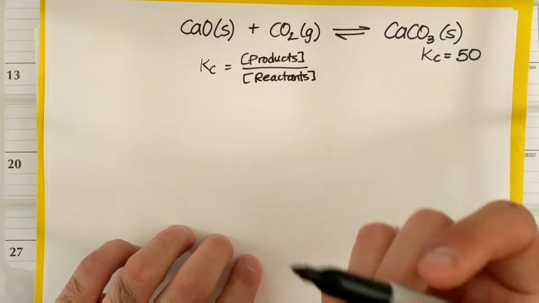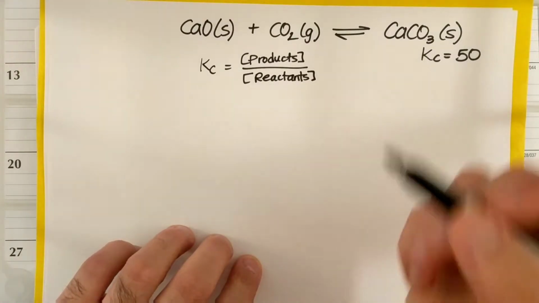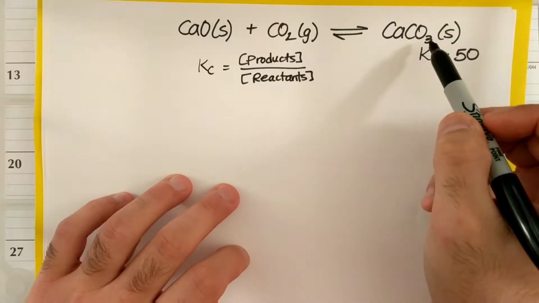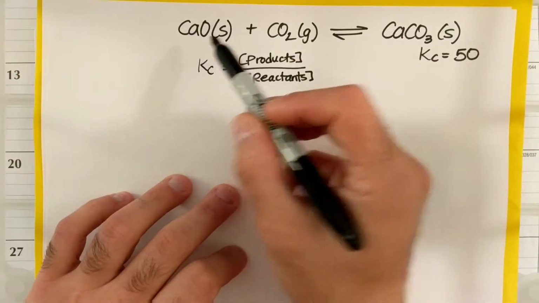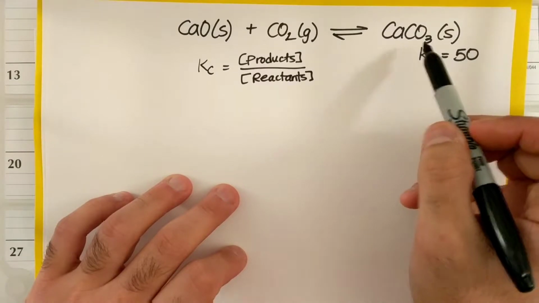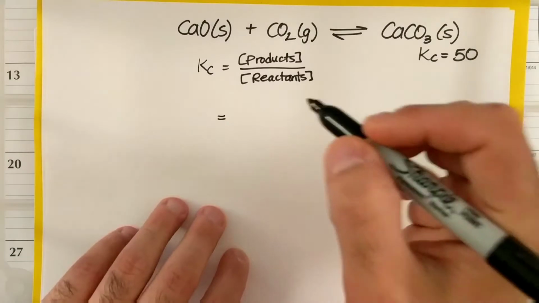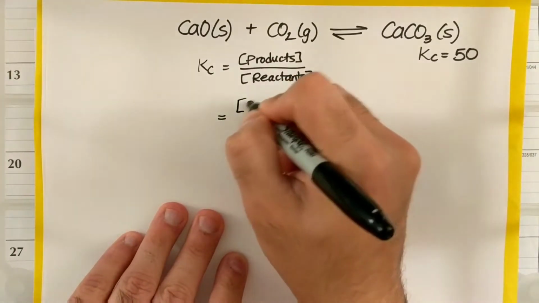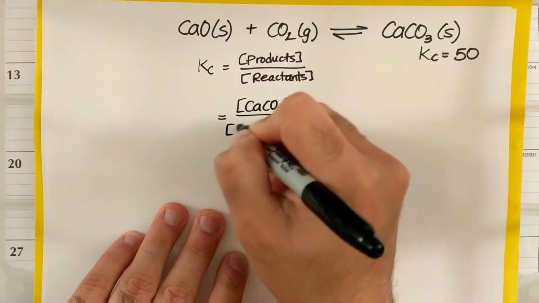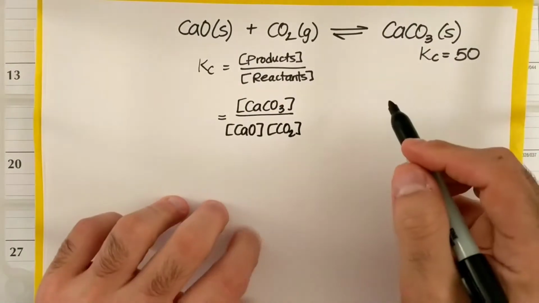For us, if we want to represent something as being constant, we could just put the number 1 in its place. It doesn't matter. So if I want to write the Kc for this, technically I would have done CaCO3 over CaO times CO2, and they're all raised to the 1 exponent.